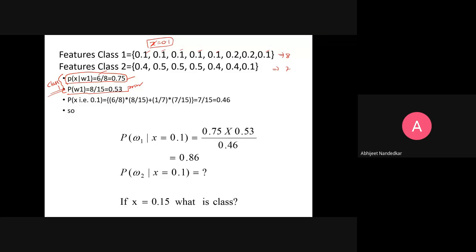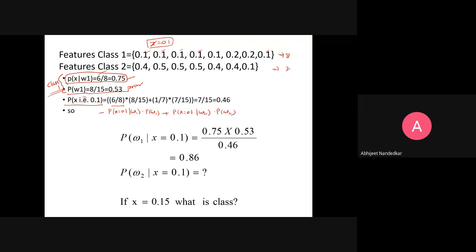Then we want to find out the evidence. Say probability of x is equal to 0.1, considering all the classes we have. So here we have 2 classes. So it is 6 by 8. So this is probability of x is equal to 0.1 given omega 1 into probability of omega 1 plus probability of x is equal to 0.1 given omega 2 into probability of omega 2.